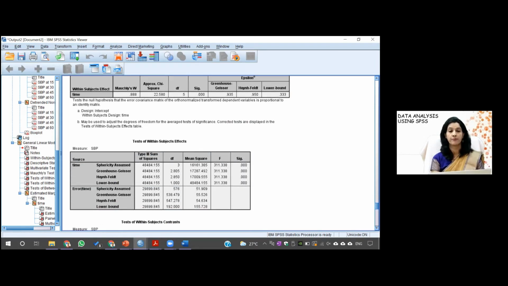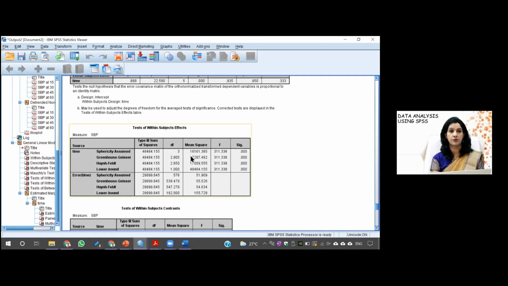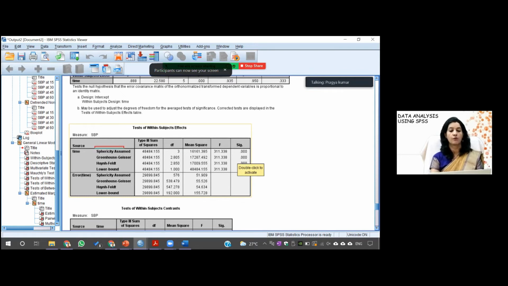You can see here there are two outputs against 2 degrees of freedom, one here and the other here. The first is sphericity assumed. If the sphericity is assumed, then I'll take these values to report my interpretation.